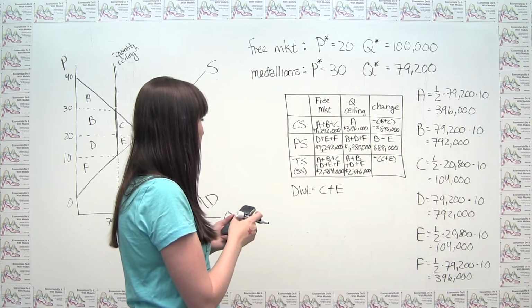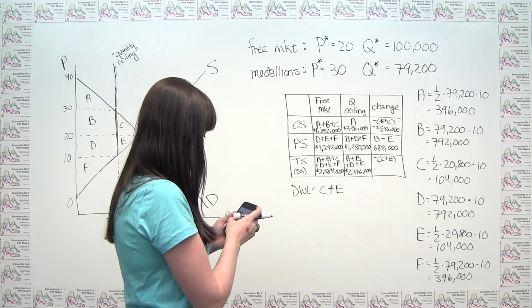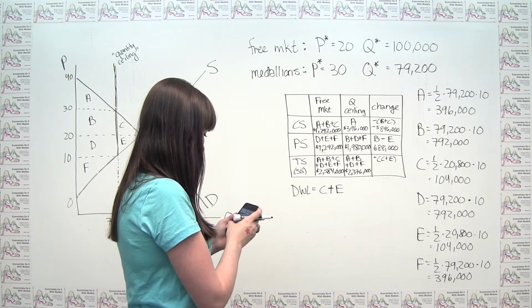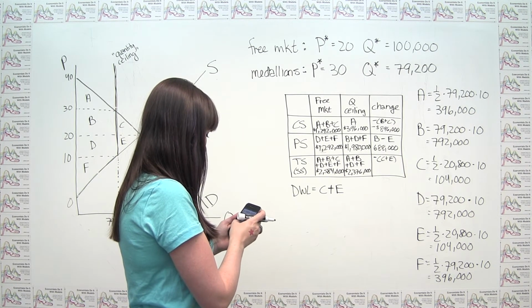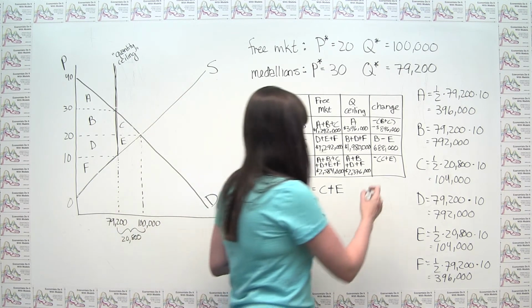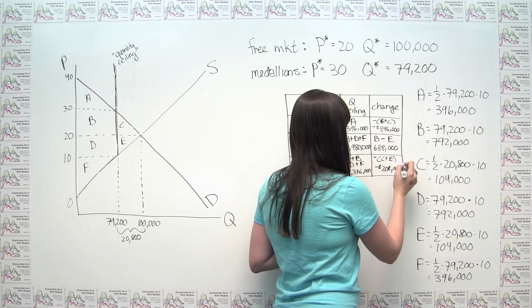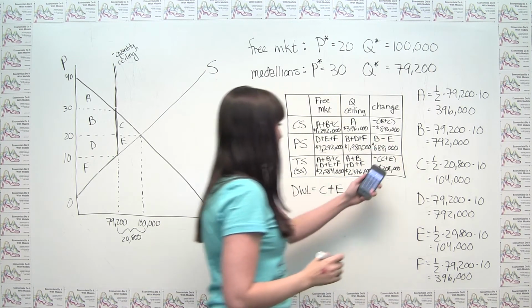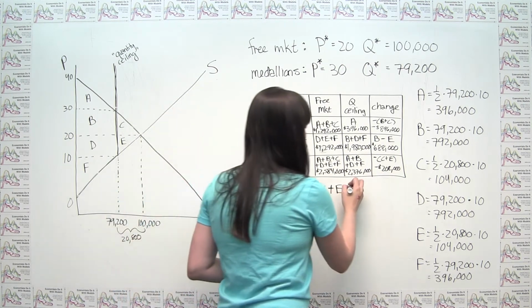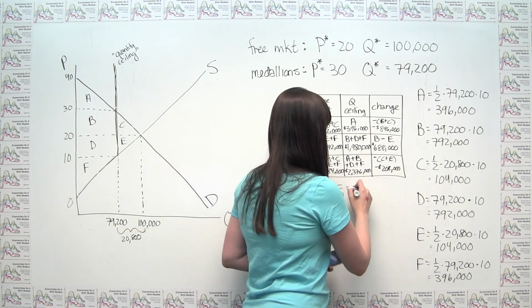And overall, we're losing out on $208,000. So we could additionally say here that our deadweight loss is in fact $208,000.